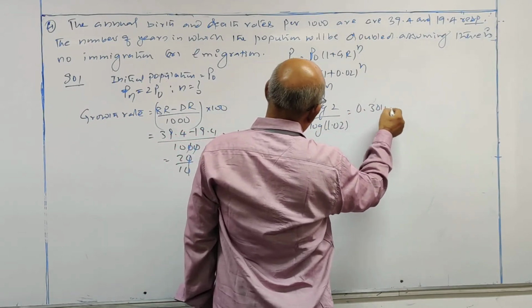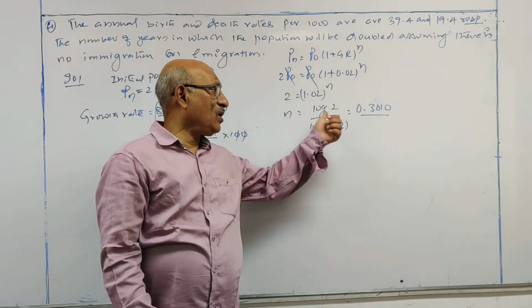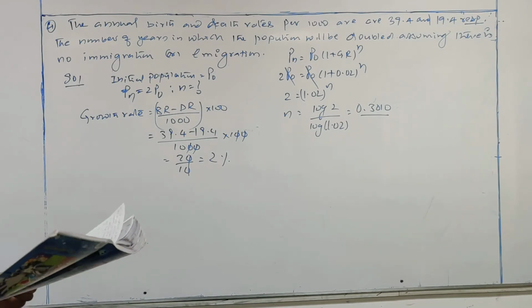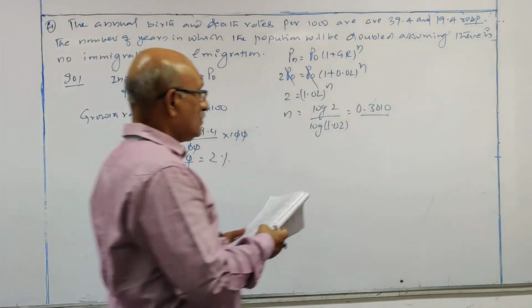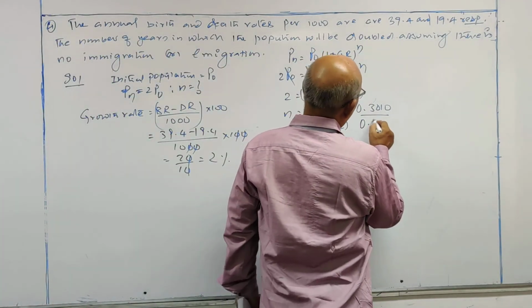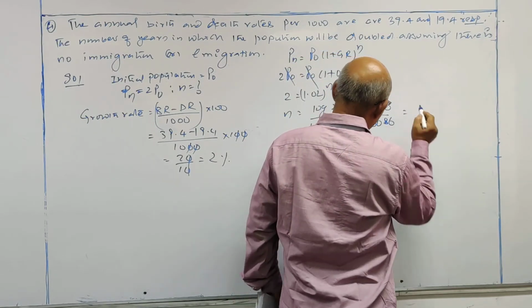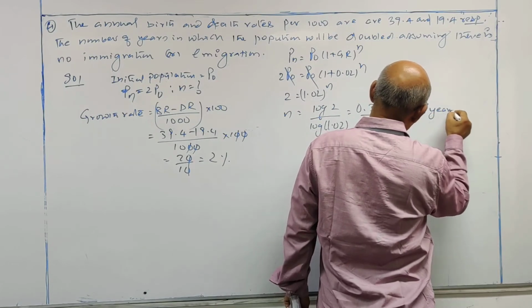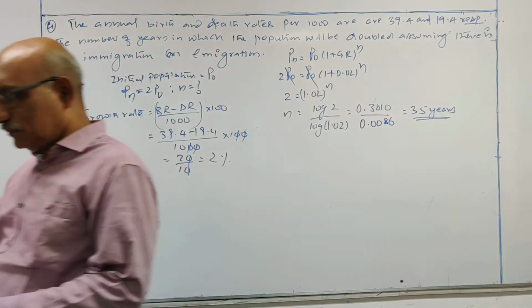Again you can get these log values on your calculator, divided by 0.0086. This is equal to 35 years.